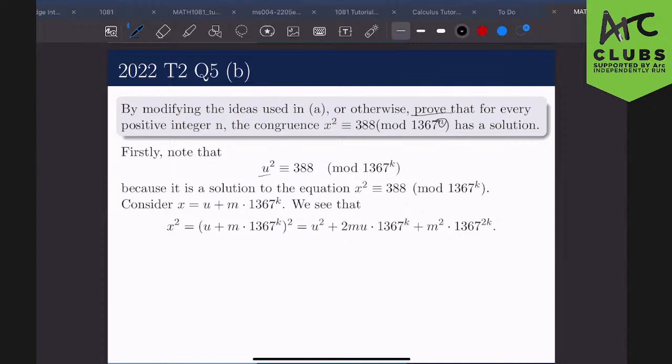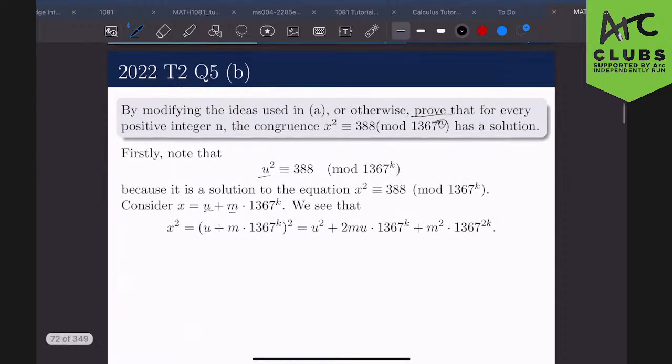And then we can consider, because it's a solution, this is an integer times this, because that will still be the same, because we're taking mod 1367^k.